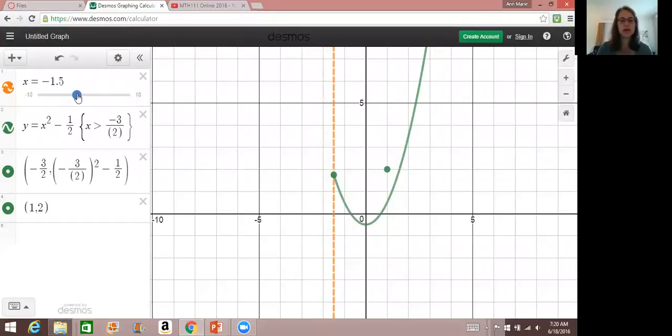Well, I'm okay so far. I'm moving my vertical line around. I've only hit 1 point so far. Uh-oh. This is not a function, because right here, when x is 1, I've got 2 possible values for y. This dot and this guy. Yeah, no good. Not a function. Everybody understand why? If not, be sure and ask the question when we're together in person, or on the forum. Forums are good too.